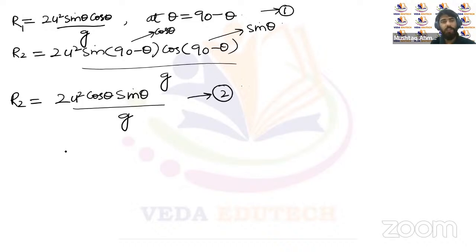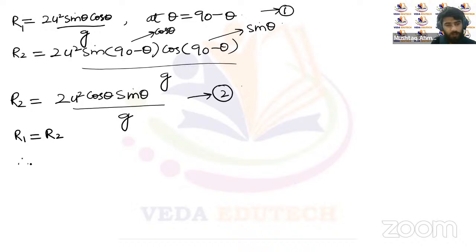And we can clearly see that the RHS of the first equation and the second equation is the same. It means that R1 must be equal to R2, right? The conclusion is that if a projectile is projected at an angle of theta or 90 minus theta, then the range of the projectile is going to be the same, right?